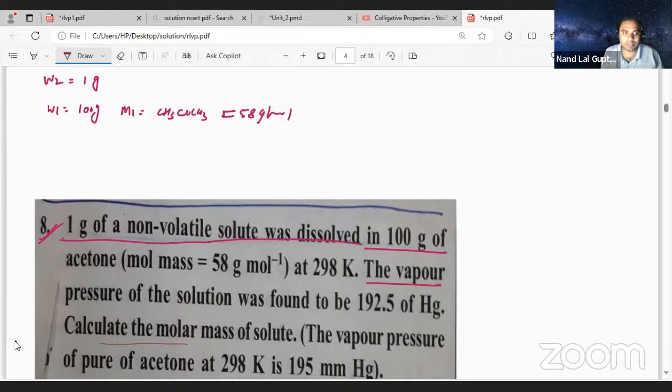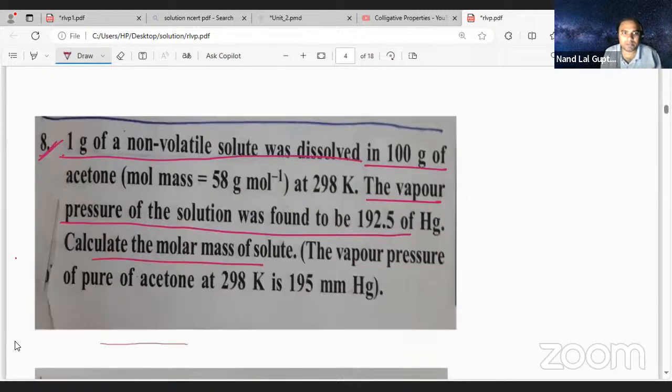The vapor pressure of solution was found to be P1 equal to 192.5 mmHg. Calculate the molar mass of the solute.